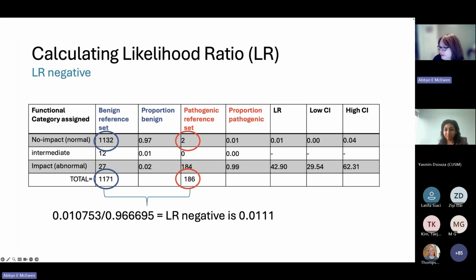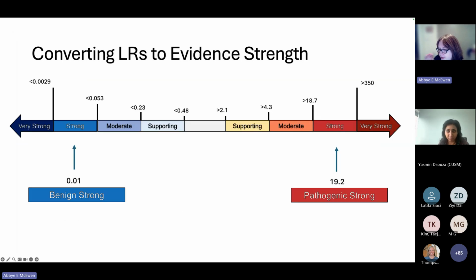All right. Now that technical difficulties have been resolved, we can think about converting this likelihood ratio to evidence strength. This is a tool that's been provided to us by the Bayesian framework for adapting the ACMG rules. I've turned this into a number line so you can see it.